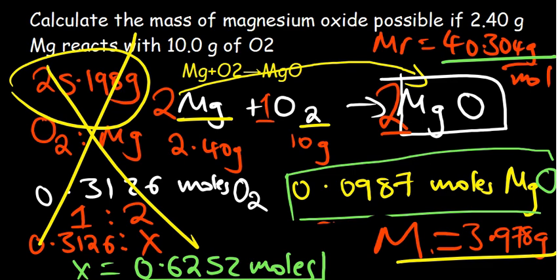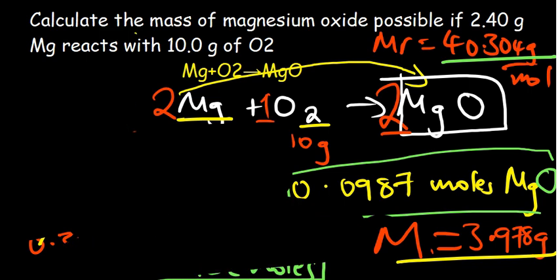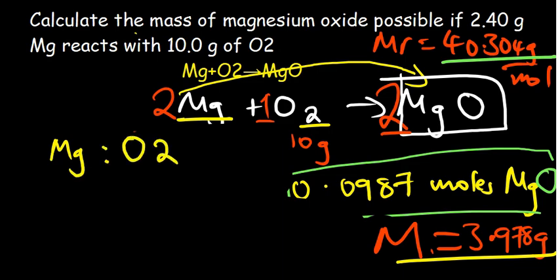Just a few quick points: if the question had asked us to determine how much of the oxygen was left over after the reaction, knowing that we've determined our magnesium to be limiting, we can use the mole ratios between magnesium and oxygen to determine how many moles of oxygen actually reacted.